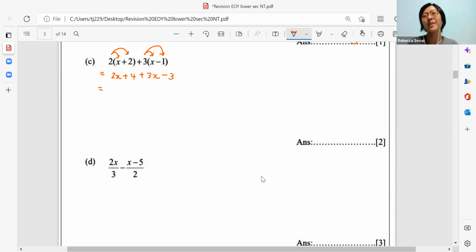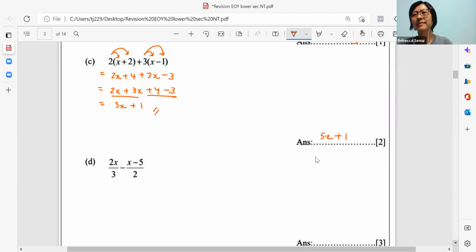Moving on, those terms that are the same, we put them together. So we have 2x plus 3x plus 4 minus 3. Combine this, we have 5x. Combine this, we have plus 1. So answer 5x plus 1.